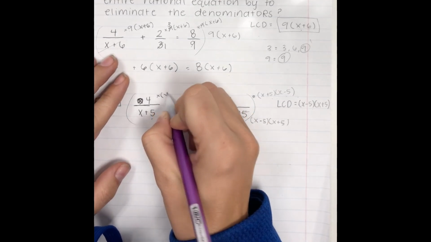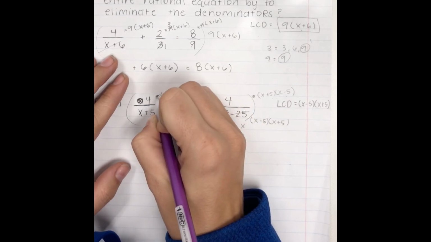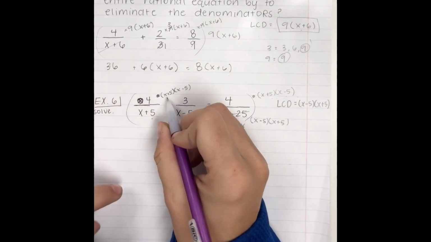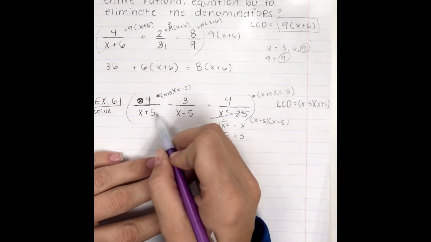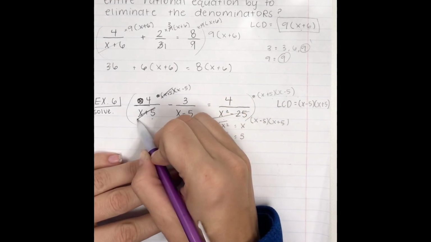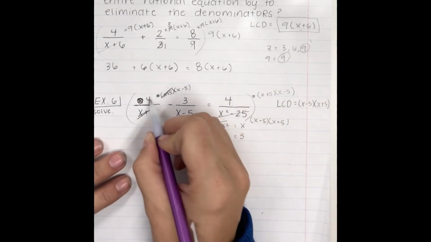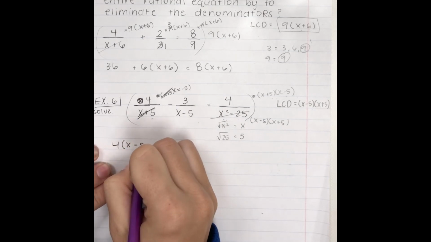So times x plus 5, x minus 5. I'm going to do a dot instead of the x for multiply so that you don't think that's an actual x. All right, so x minus 5 on bottom and x minus 5 on top, x plus 5 on bottom and x plus 5 on top cancel, leaving us 4 times x minus 5.